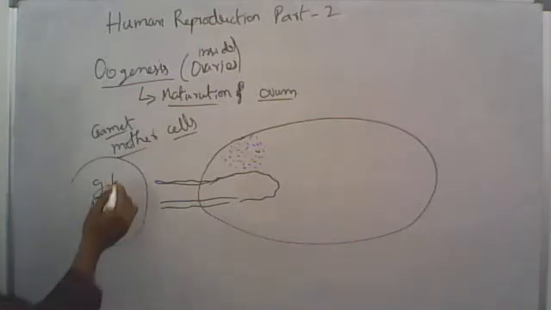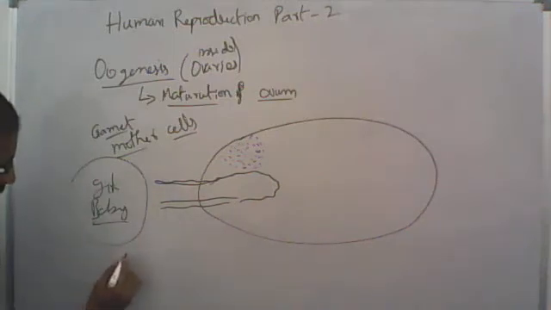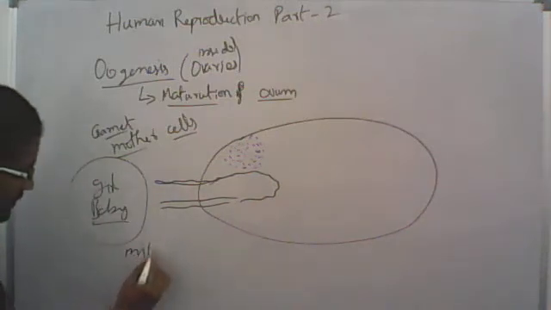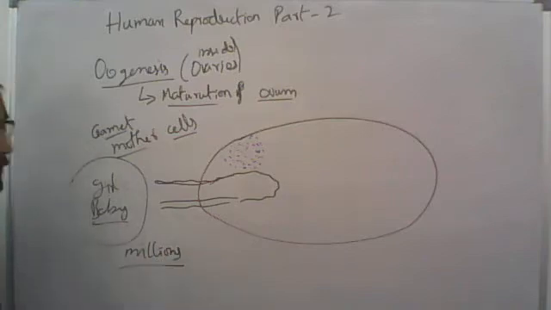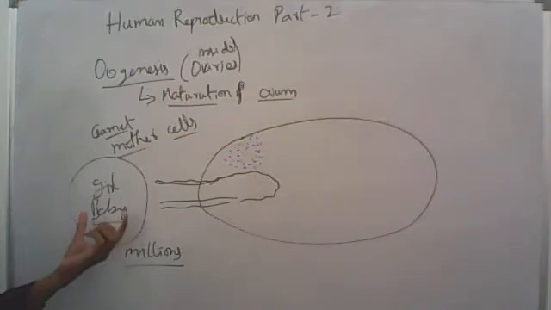There will be millions of gamete mother cells present in the fetus of a girl baby in the mother's womb.